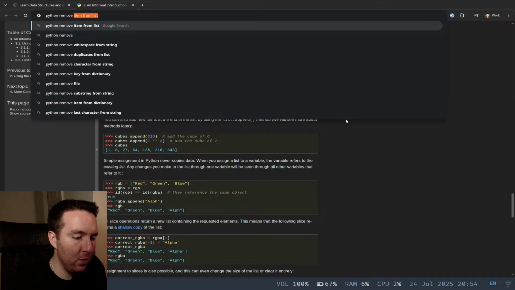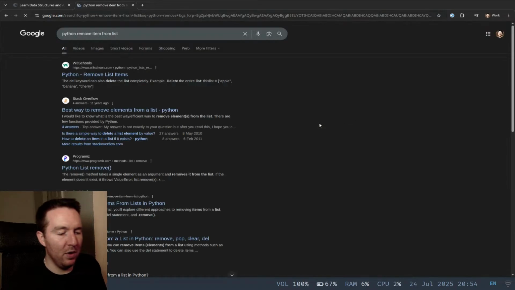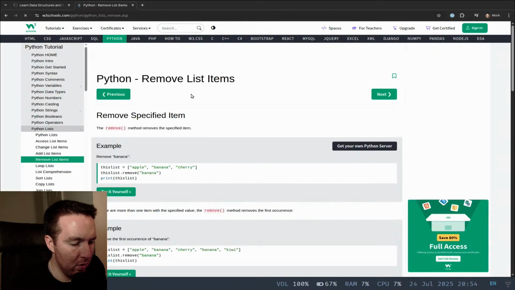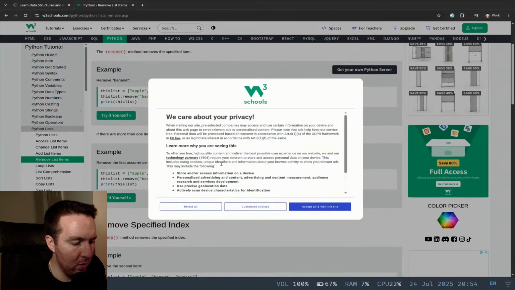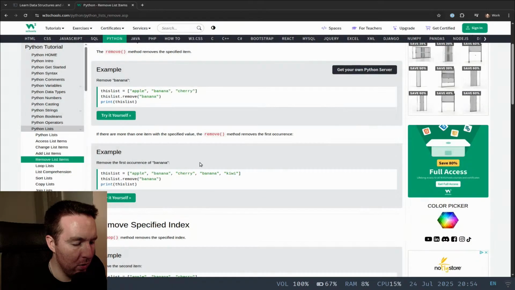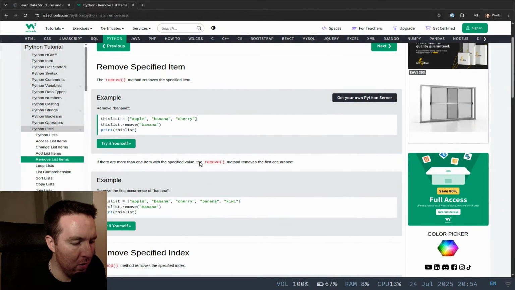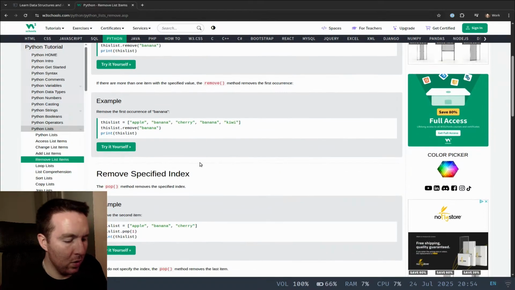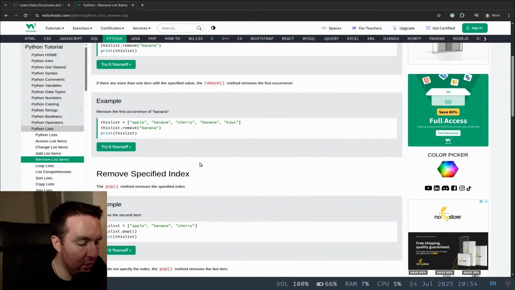I guess remove item from list. Remove specified index.